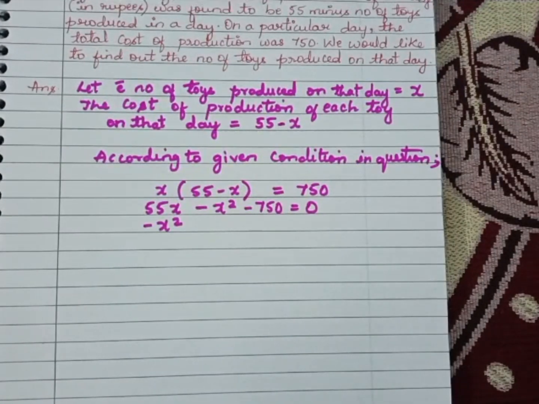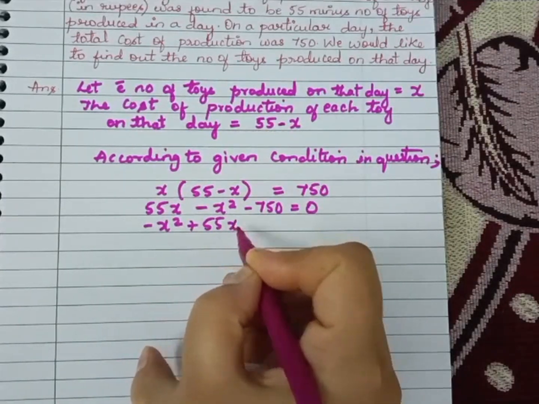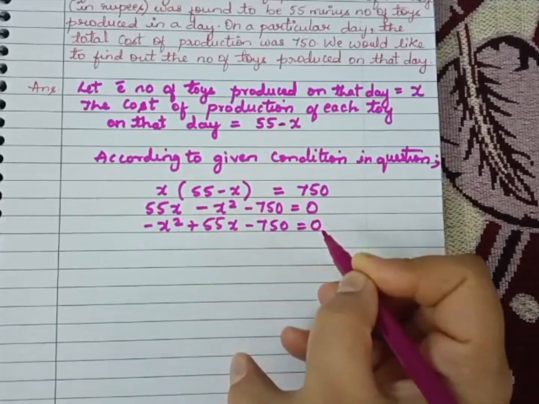Minus x square plus 55x minus 750 is equal to 0.